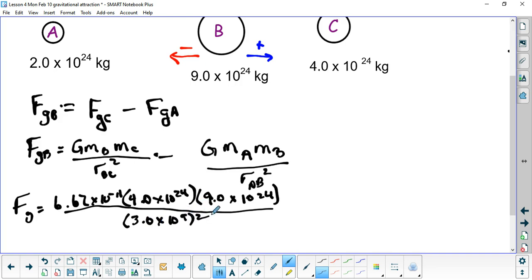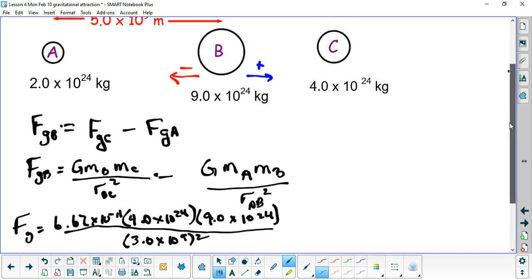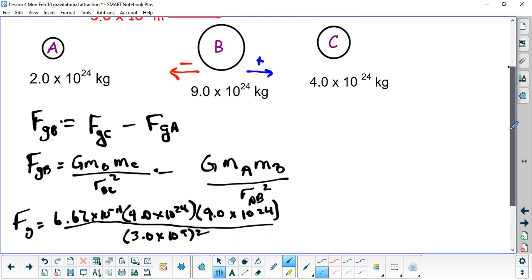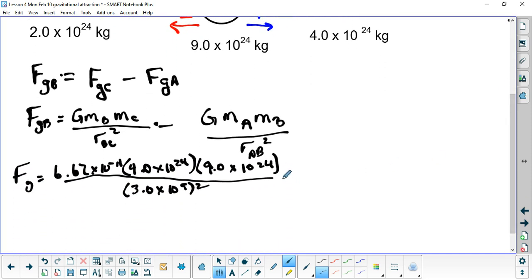Let's check. I've forgotten. Yeah, 3.0 times 10 to the 9, and then subtract.